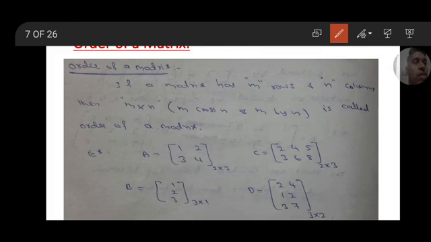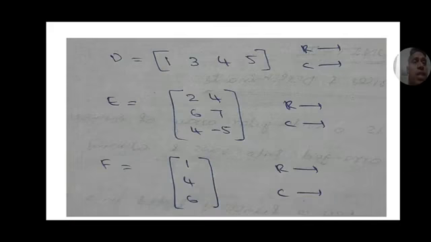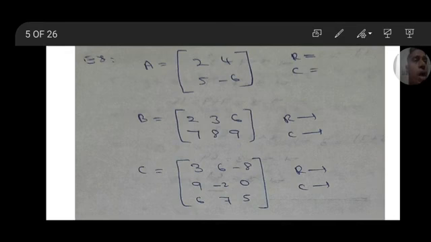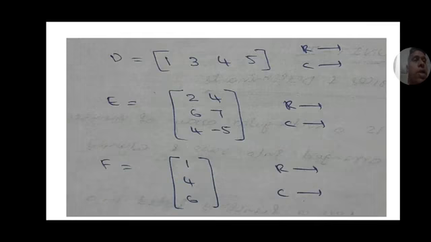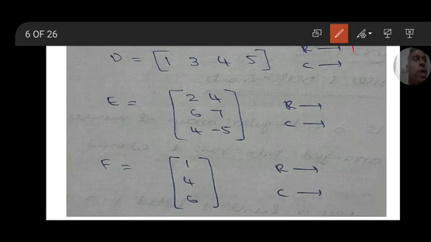In the previous examples, we saw 6 examples. First one, what is the order? 2 rows and 2 columns. Therefore, it is a 2 by 2 matrix. Second example, 2 rows and 3 columns, so it is a 2 by 3 matrix. And 3 rows and 3 columns, therefore it is a 3 by 3 matrix. Next, 1 row and 4 columns, therefore it is 1 by 4.